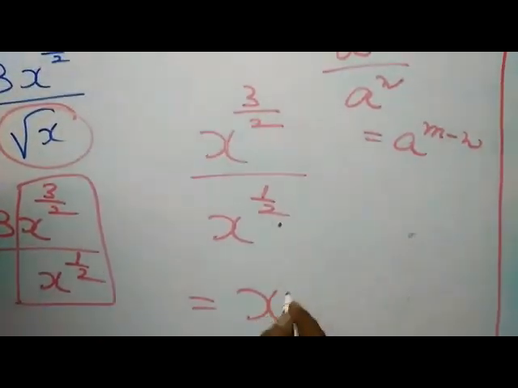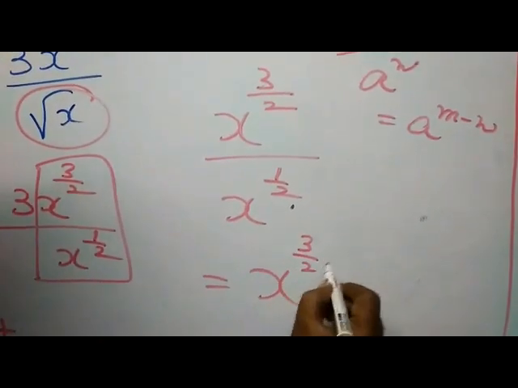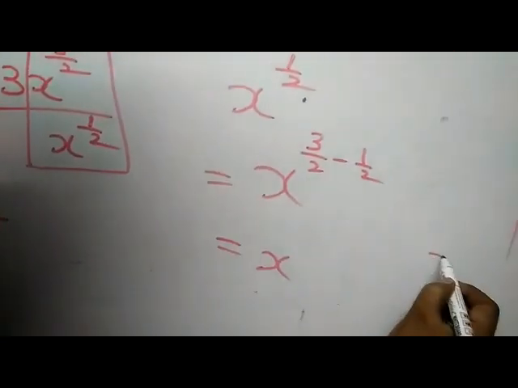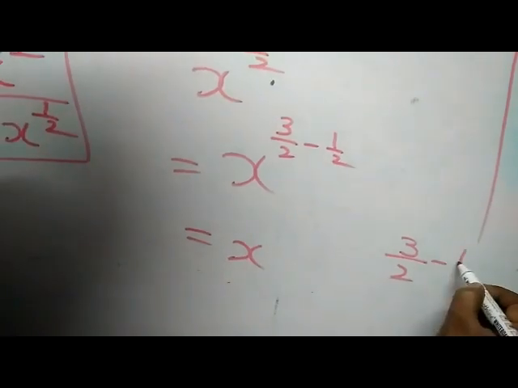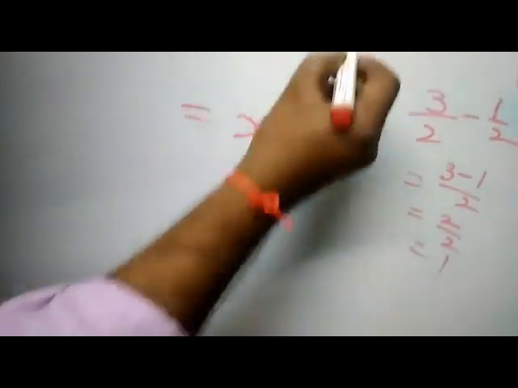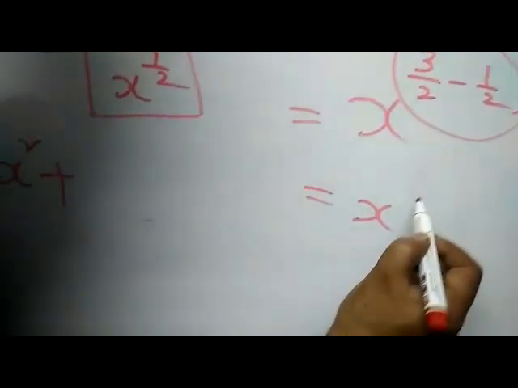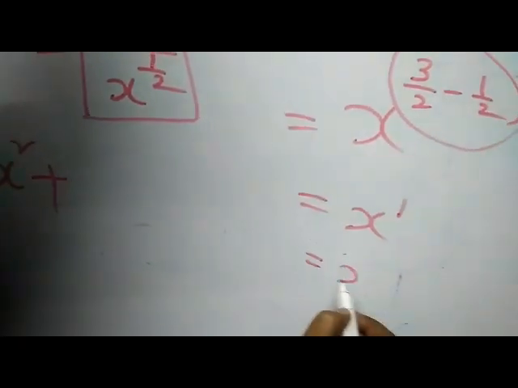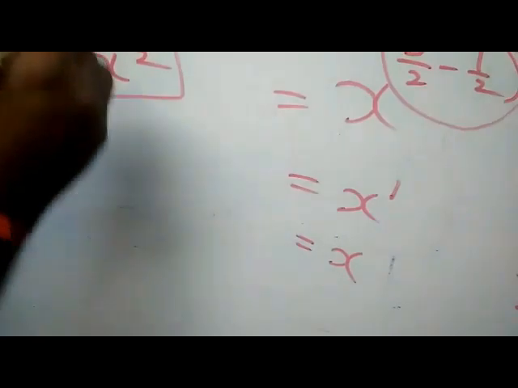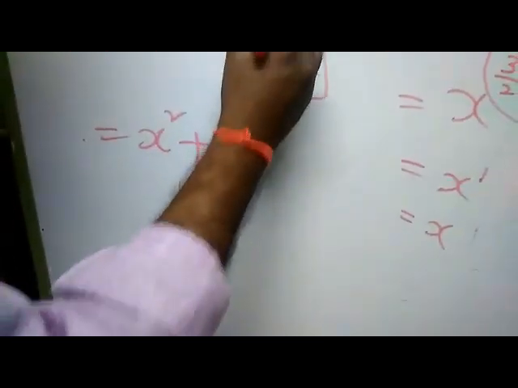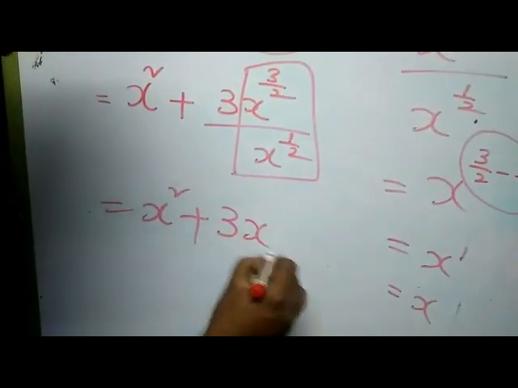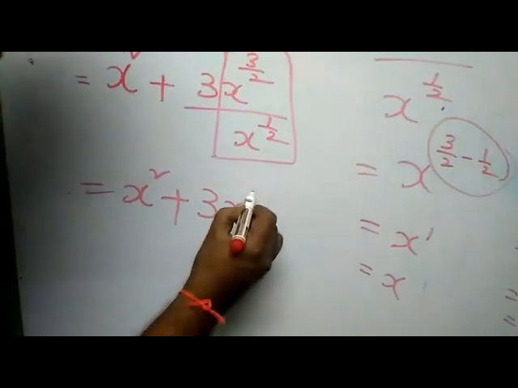That's why x to the power of 3 by 2 minus 1 by 2. What is the answer for 3 by 2 minus 1 by 2? 3 minus 1 by 2 is equal to 2 by 2 is equal to 1. So this is nothing but x to the power of 1, which is x. Finally, the answer for this particular part is x.